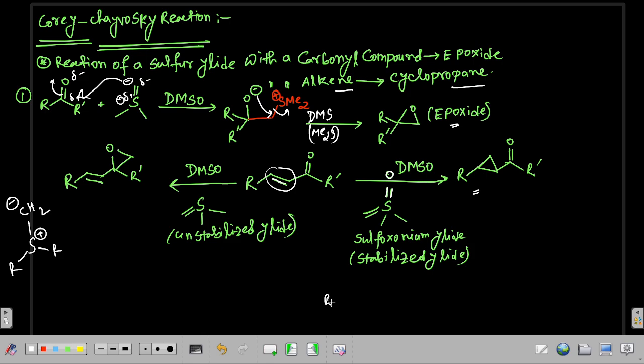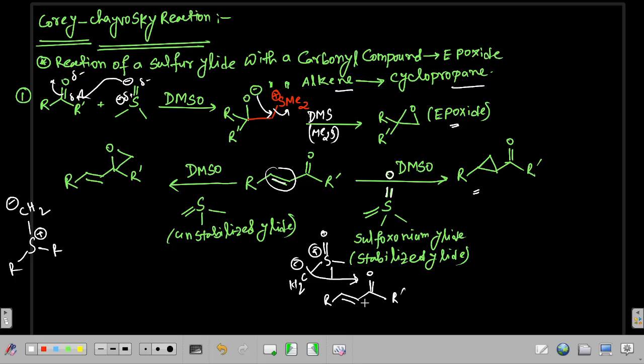So how will it form? This is an alpha beta unsaturated carbonyl, with carbon and carbon. This will be present as sulfoxonium with CH2 minus and S plus.